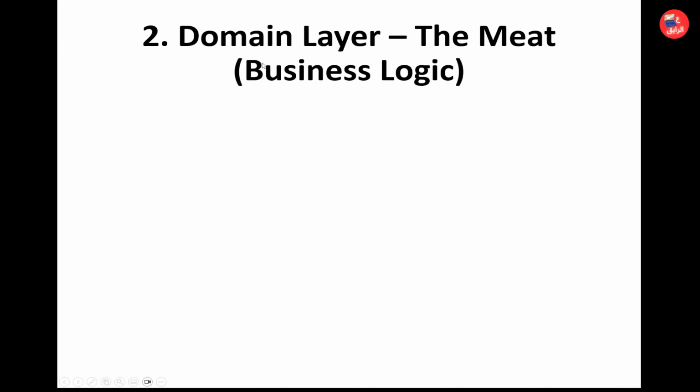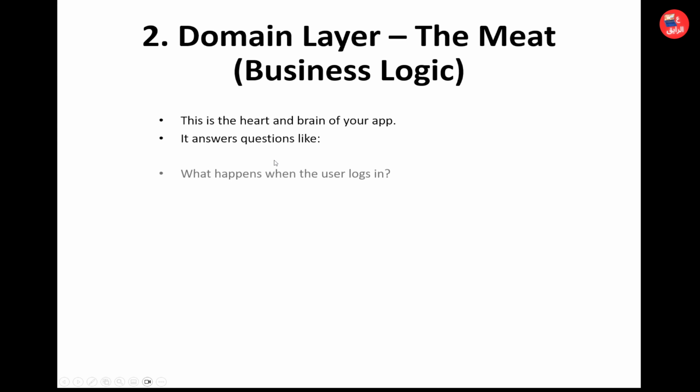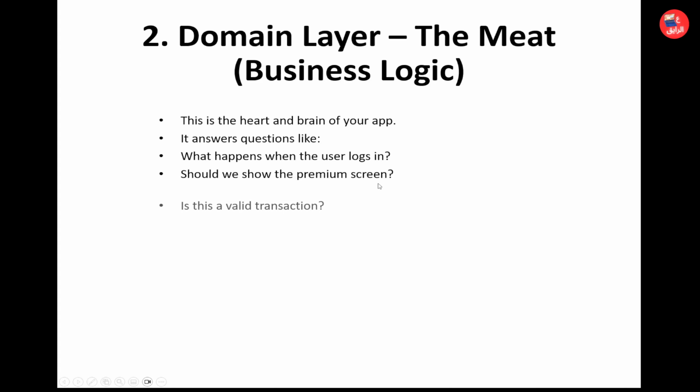The second layer, domain layer, the meat, which contains the business logic. This is the heart and the brain of your app. It answers questions like: what happens when the user logs in? Should we show the premium screen? Is this a valid transaction?